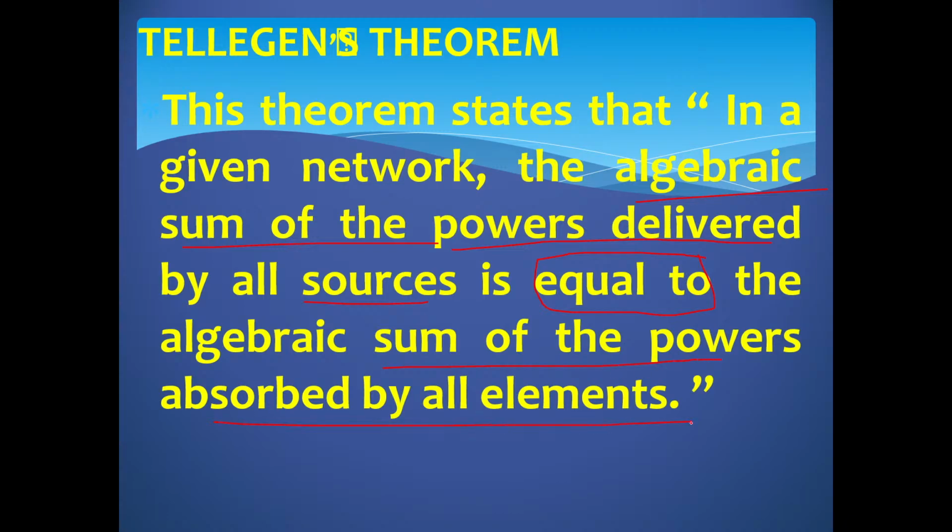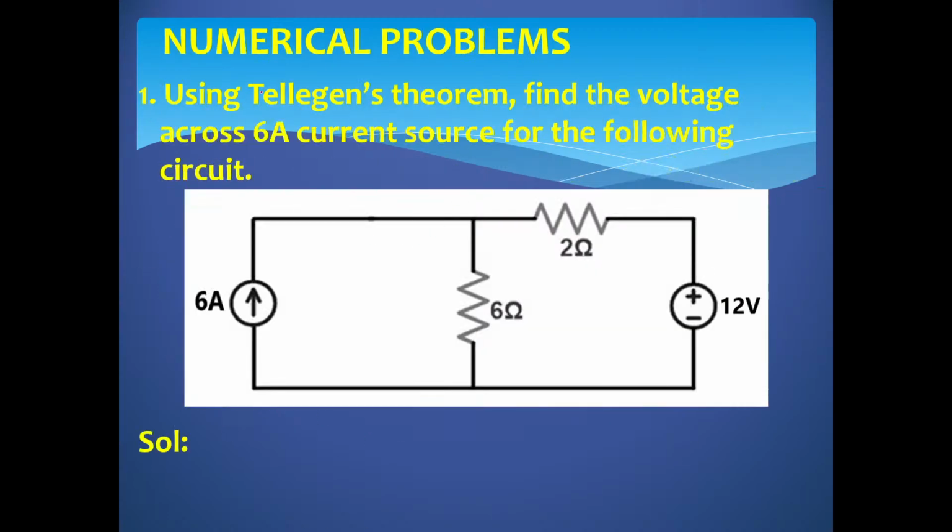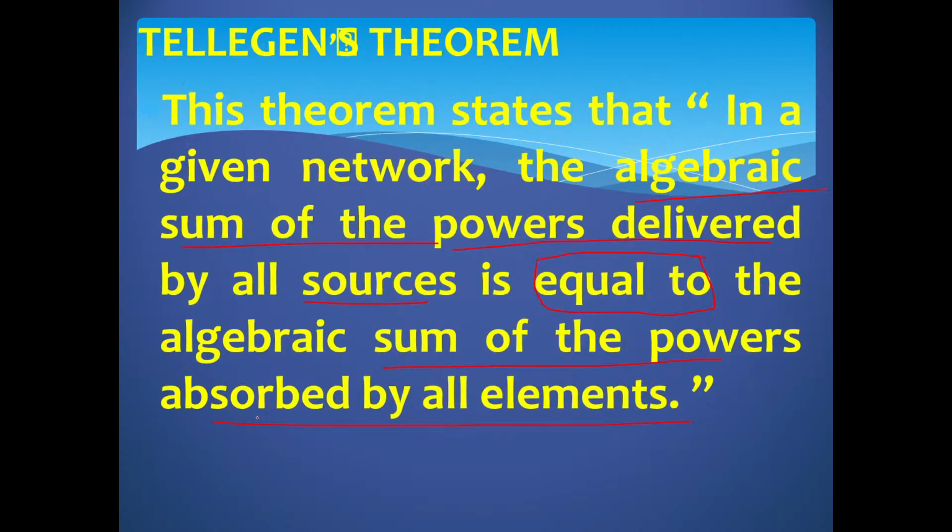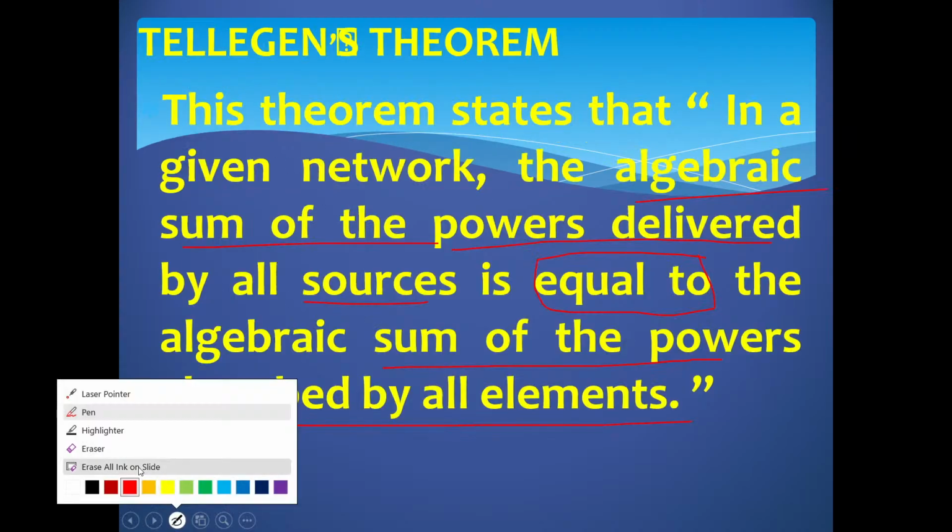Passive elements absorb the power, and the active elements deliver the power. So sum of the powers delivered should be equal to the sum of the powers absorbed by all the elements. Let us see a numerical problem. You just write it down first of all.